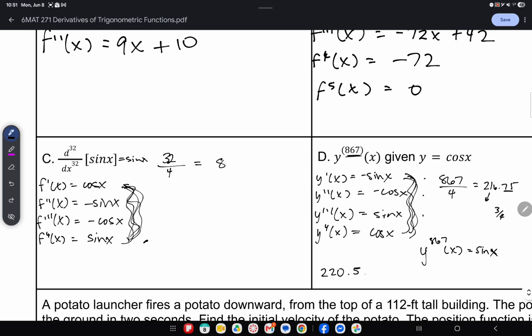But this 0.5, 5/10 or 1/2, if we want it in terms of 4, that's 2/4, so it'd go 1, 2, and we'd be at negative cosine, right? So however many you have left over, or if we do the long division, divided by 4, so it was 216, which leaves 864. So leaving you with a remainder of 3. You can find the remainder to find out how many more you'd have to go.